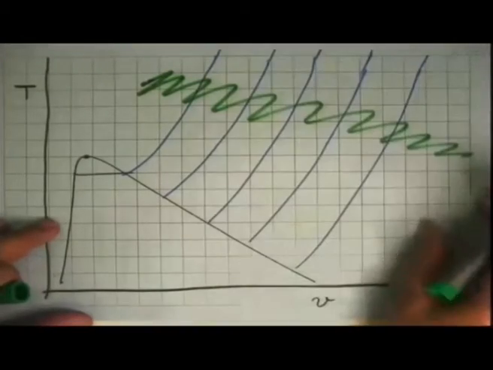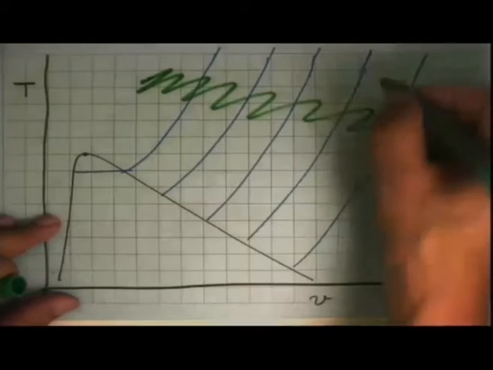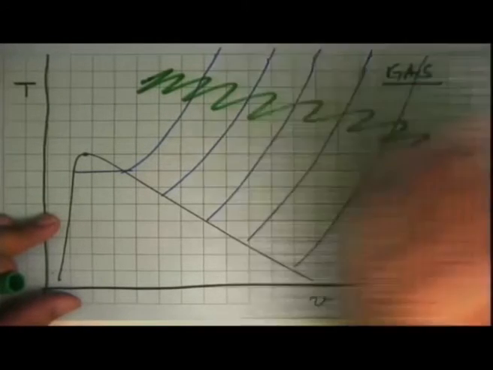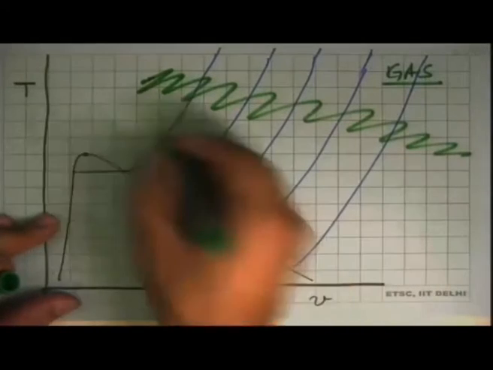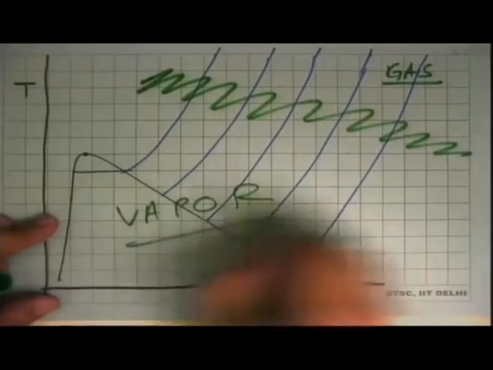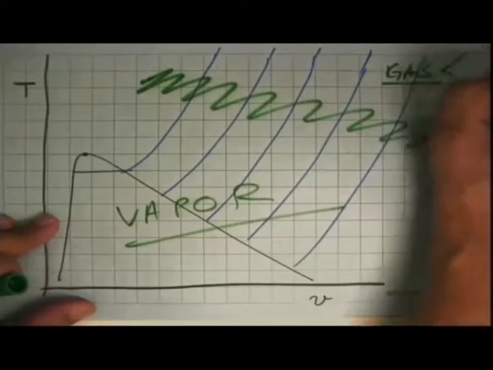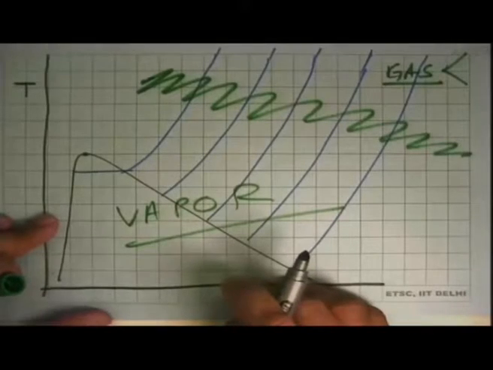That's why I'm drawing this a little bit zigzag. Here somewhere we can start looking at the substance as a gas, and in this whole region we have to think of it as a vapor. And these are the two very distinct regimes. And within this gas we will now see ideal gas and real gas.